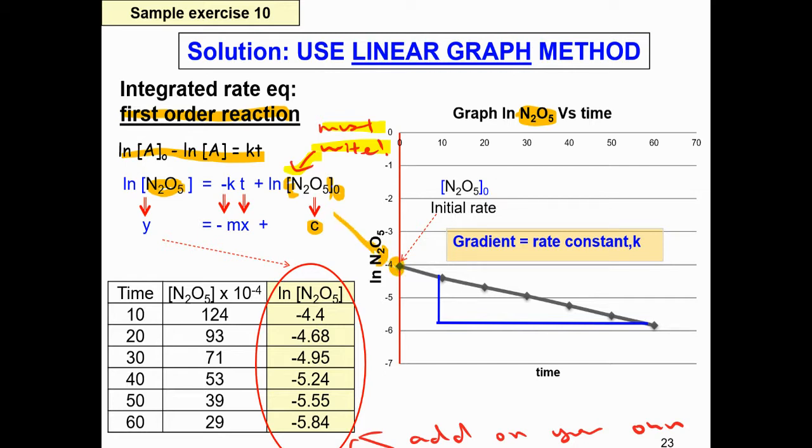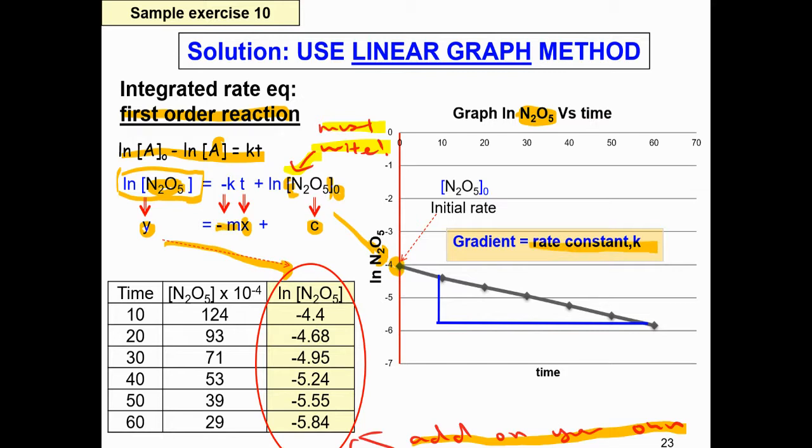Now, if you know that ln of concentration, this is C, and the other one will be Y. But you need to use ln, so you need to add another data row on your own. After that, time is given, it is the variable, it can change, and then the gradient will be the rate constant.